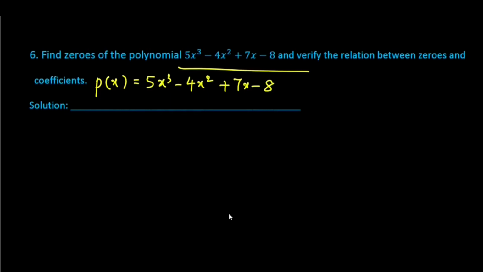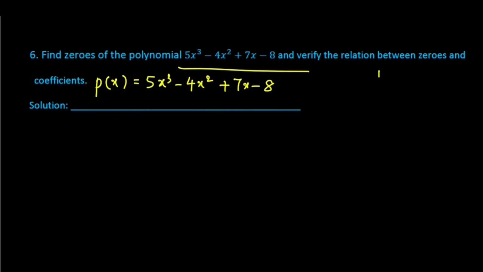Now we have to find one zero using the factor theorem. We can use the rational zeros theorem to list out possible rational zeros. We have to take the factors of 8 and also the factors of 5.